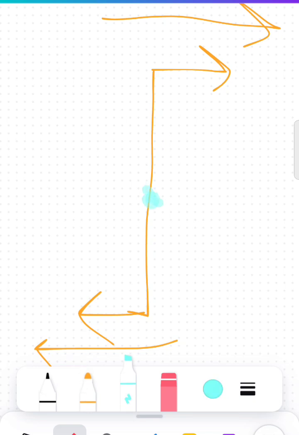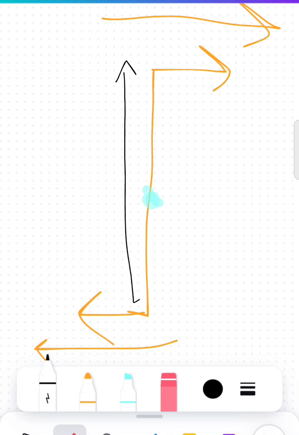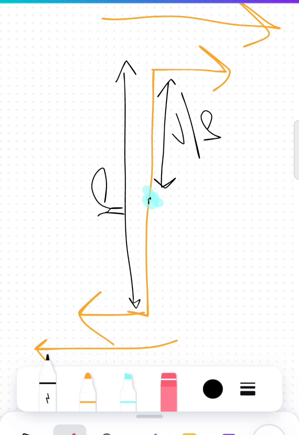The total length of this wooden plank is d. Since it is the center, the distance from the center to this force will be d by 2, and from the center to this force will also be d by 2.